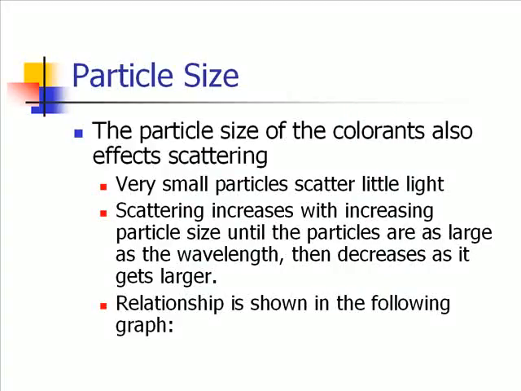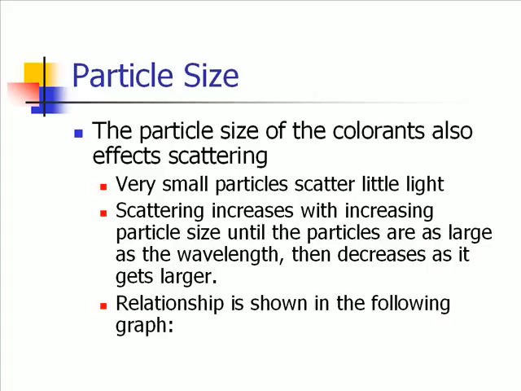Scattering increases with increasing particle size until the particles are as large as the wavelength, and decreases as it gets larger. So the most efficient size for the particle of a colorant is the size of the wavelength. Again, that's pretty small. We're talking about really small particles, so in practice, it's actually tough to get that small.